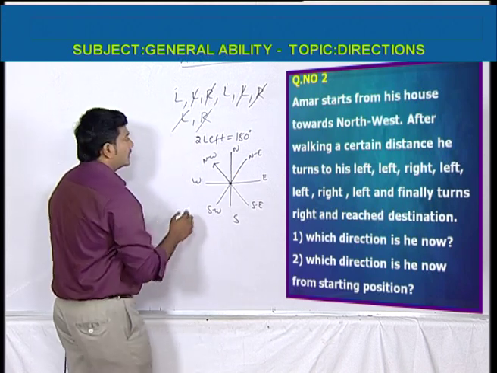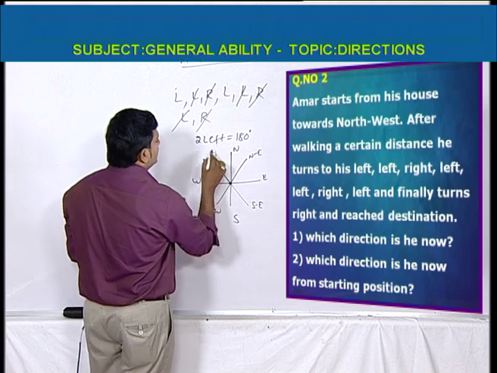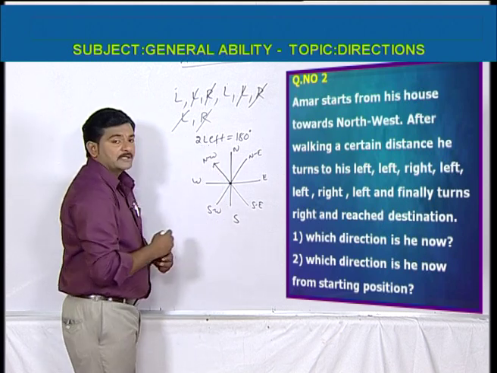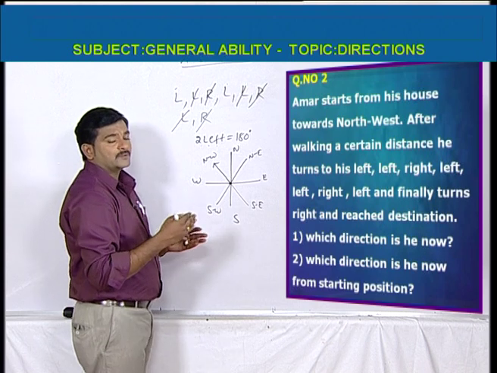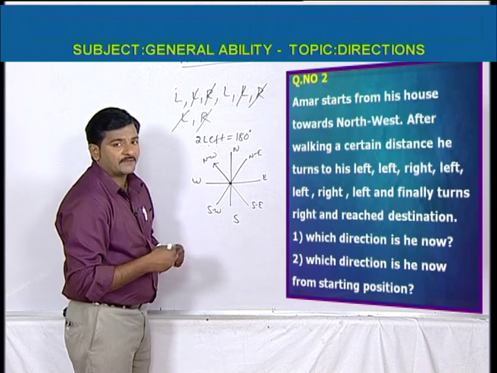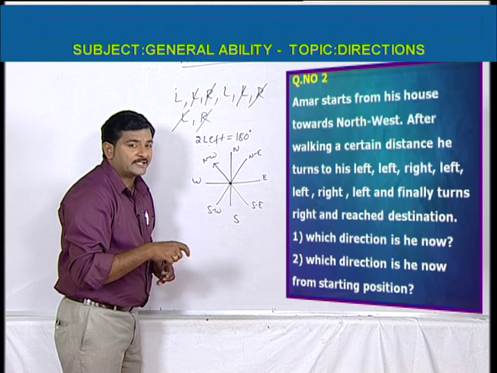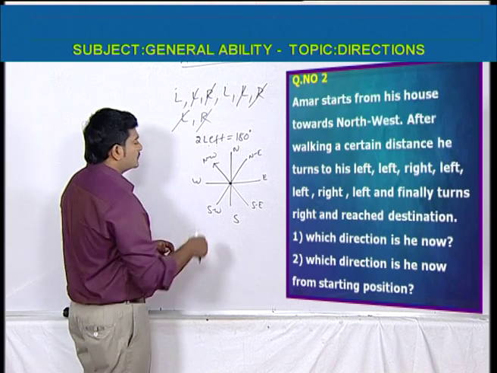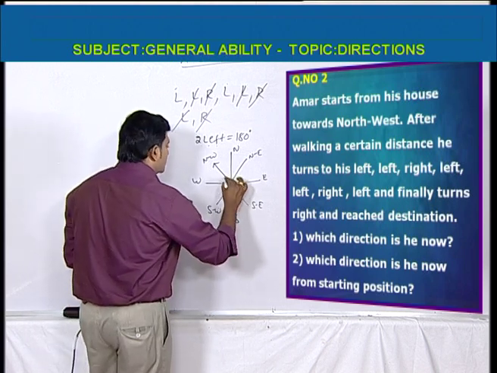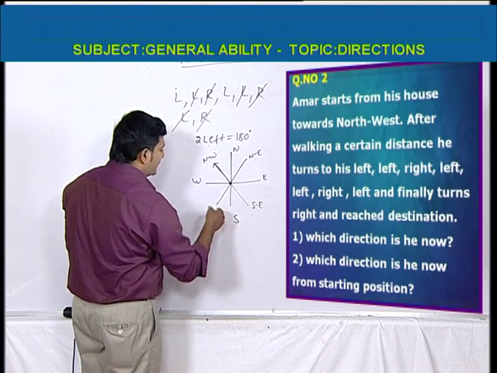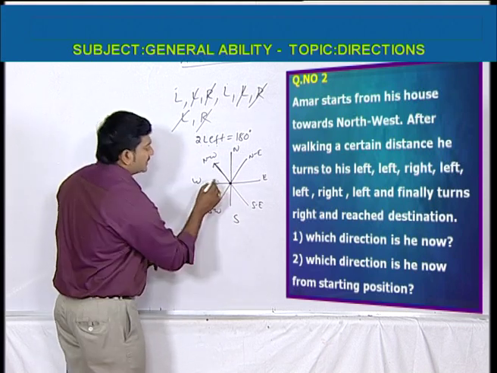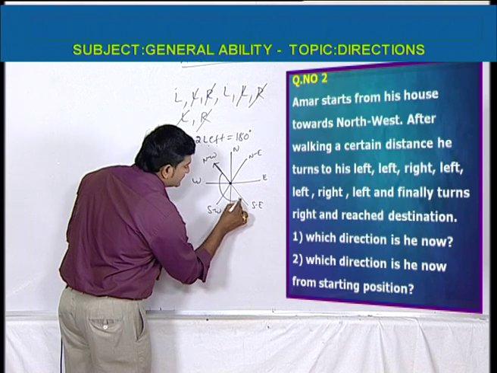Northwest direction. Now how many lefts are left here? 2 lefts. 1 left is equal to how many degrees? 90 degrees. If 1 left is equal to 90, 2 lefts is equal to 180. Apply 180 degrees from his left side. So now he is moving towards northwest direction, applying 180 degrees towards his left.